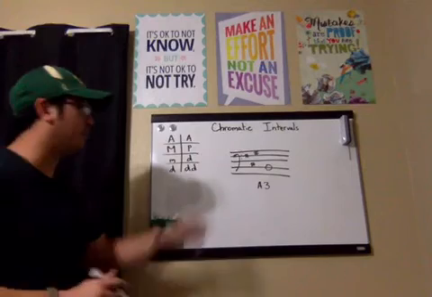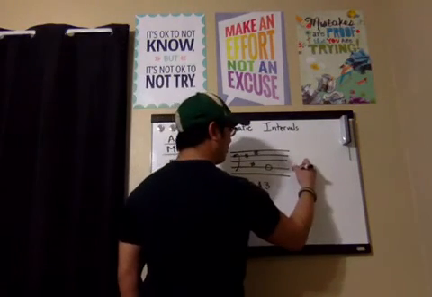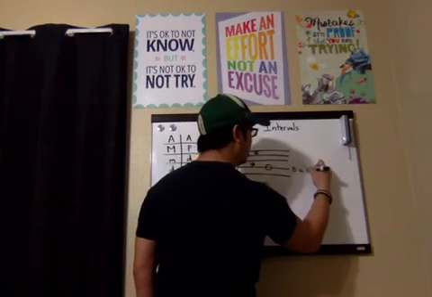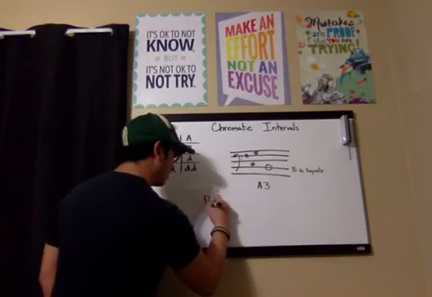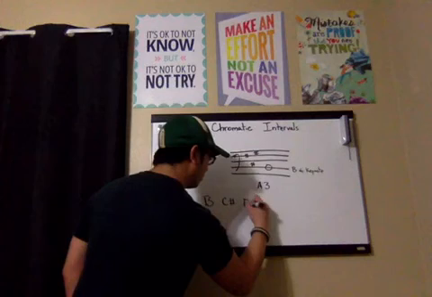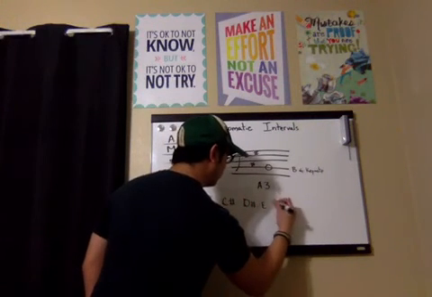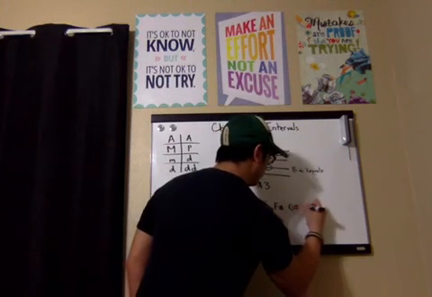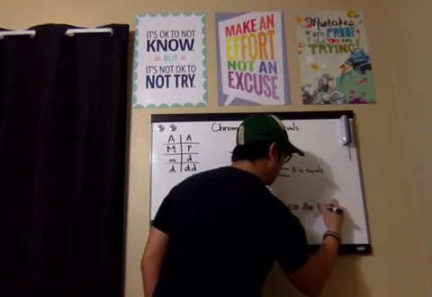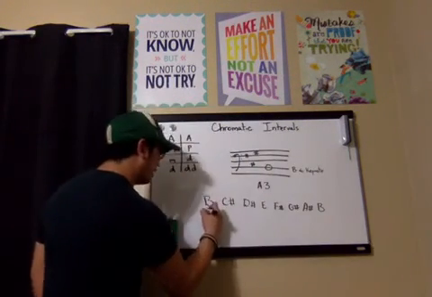Process is still the same. This is a B natural, which is our keynote. Building the B major scale. Diatonic intervals.